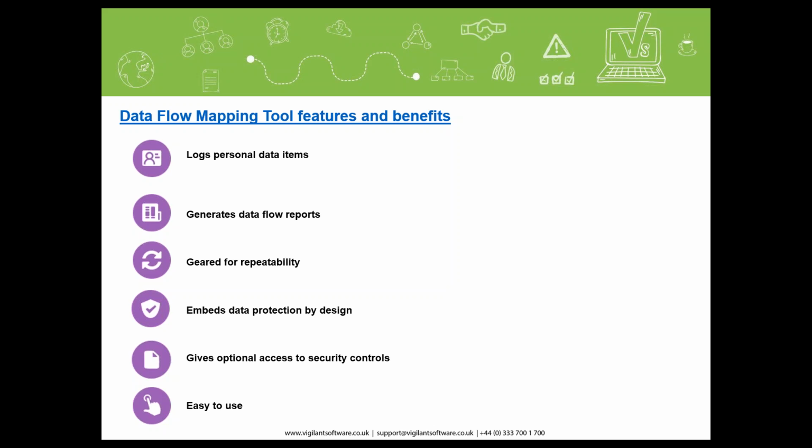Gives optional security controls, so our compliance manager works integrated to the data flow mapping tool and just gives you the option to look at your organization's processes, not just in the eyes of GDPR, but other specific regulations and control sets as well. And then lastly, it's easy to use, so it really simplifies the process.